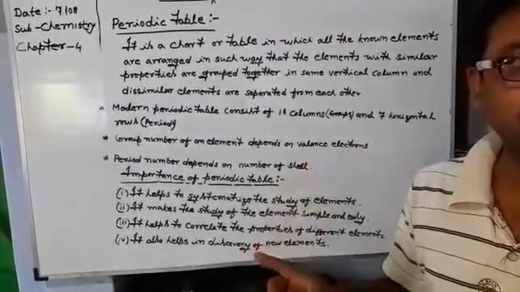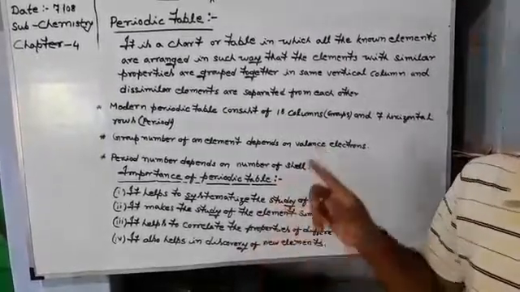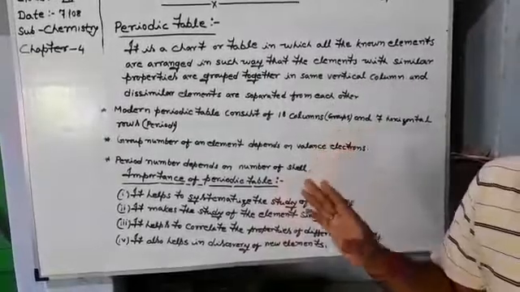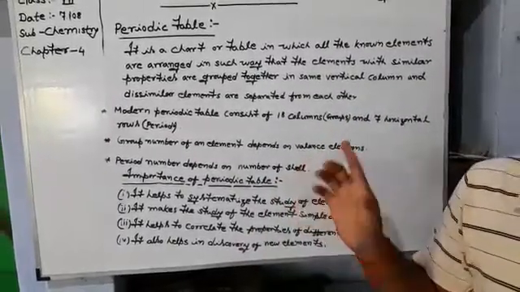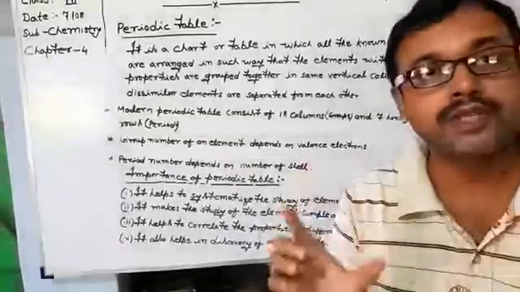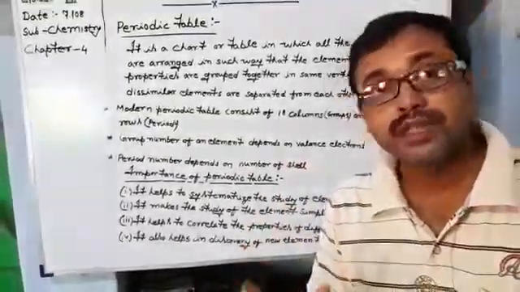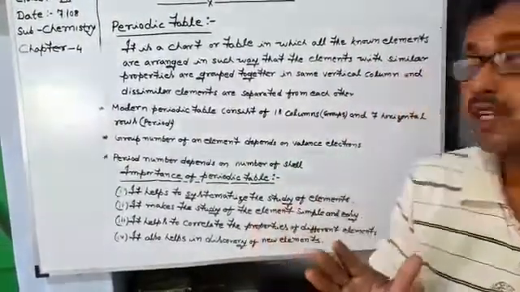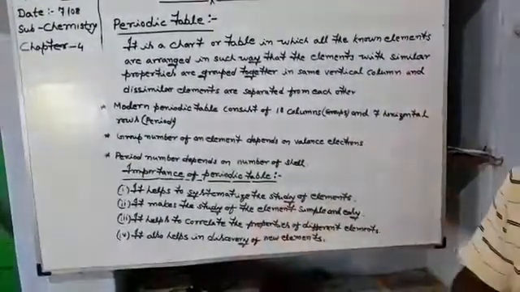That is the valence electron or valency. On the basis of that, its group number is decided, but its row number is decided on the basis of the number of shells. Because there are 3 shells, sodium is placed in row 3, that means period number 3 of the periodic table.